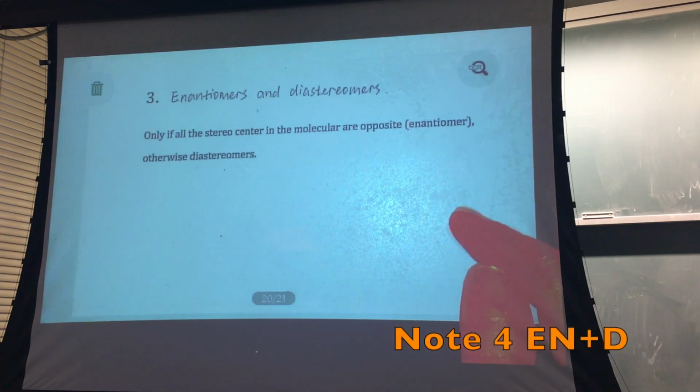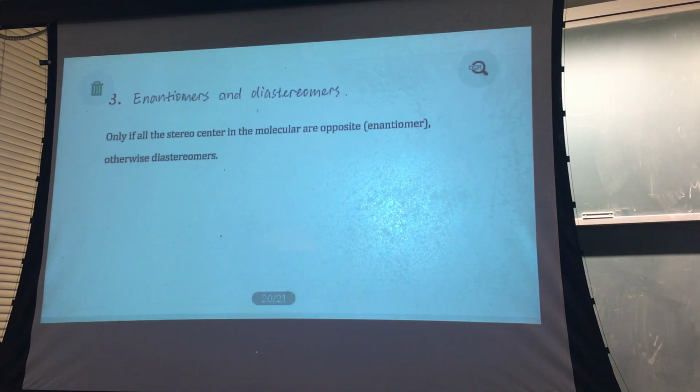Enantiomers and diastereomers. It's something based on having assigned R or S to both compounds, and then you start to think about the relationship between the 2 compounds, which have everything the same apart from the chiral center. So they're basically the same thing, but the only difference is the chiral center.